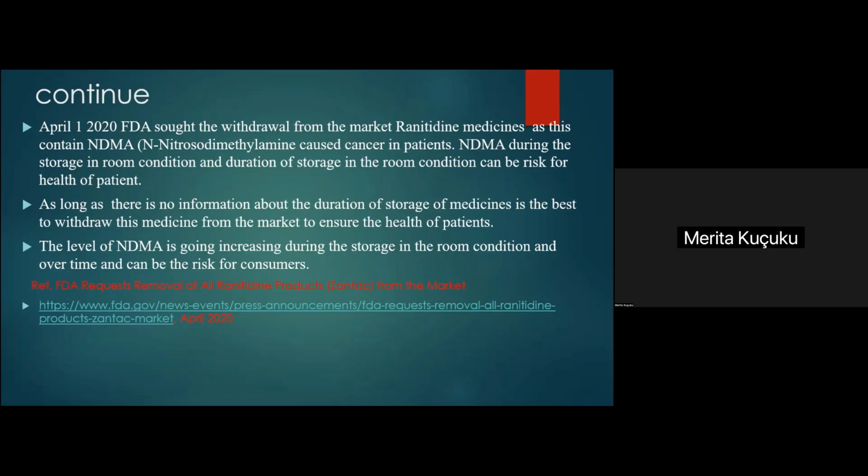As long as there is no information about the duration of storage of these medicines, it is best to withdraw ranitidine from the market to ensure the health of patients. The level of NDMA increases during storage in room conditions over time and can be a risk for consumers.